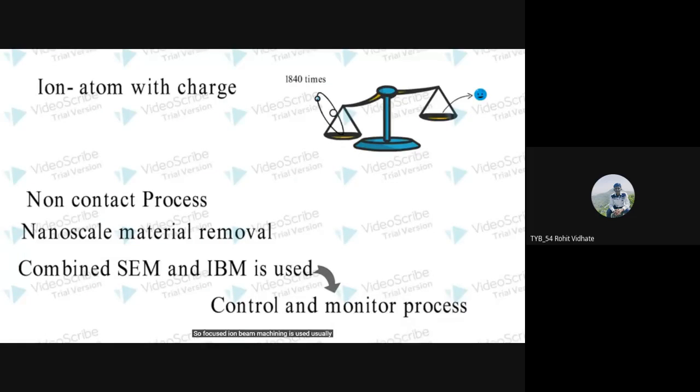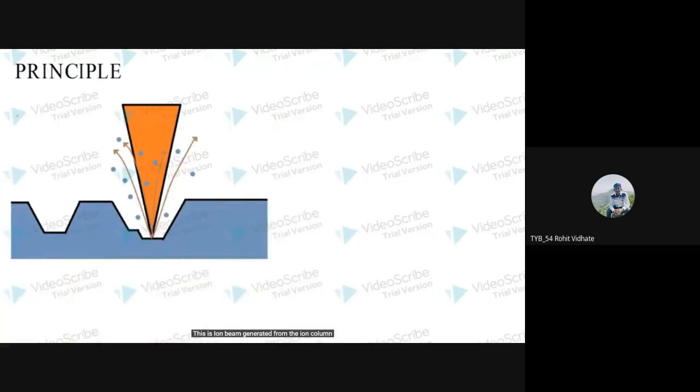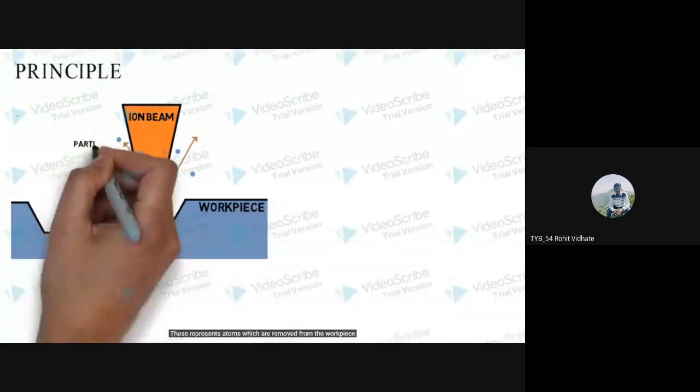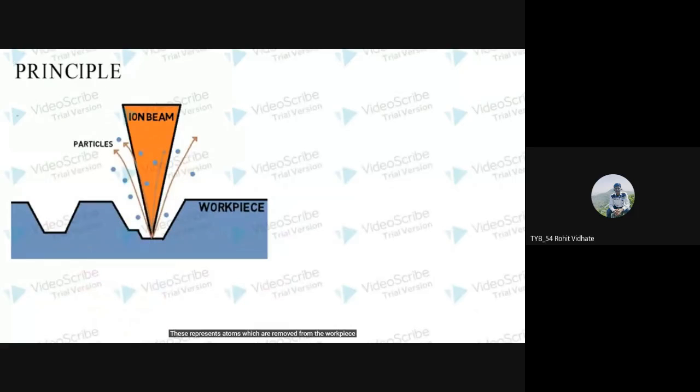So yes, focused ion beam machining is used usually in collaboration with a scanning electron microscope. Now let's see the basics of focused ion beam machining. This is the ion beam generated from the ion column, which is most of the time gallium plus ions. That is the workpiece. These represent the atoms which are removed from the workpiece.